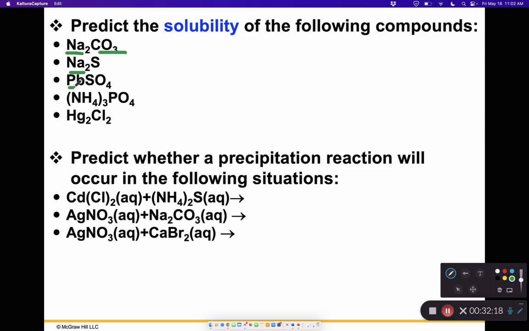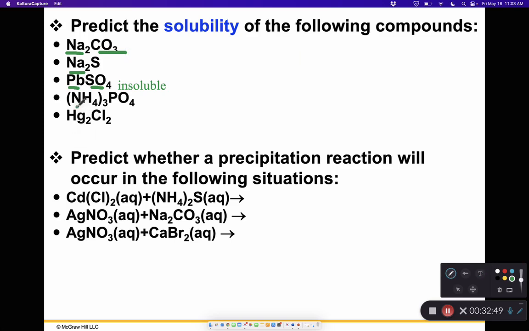If you have lead, then you go and check for sulfate. Sulfate says all sulfates are soluble except barium, mercury and lead. That's why you need to memorize that solubility rule. And we have lead here. This is an exceptional case, so lead sulfate is insoluble. Others are soluble. Now ammonium phosphate. You have ammonium here, right?